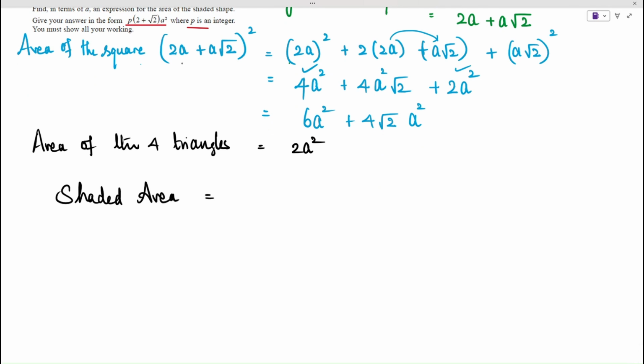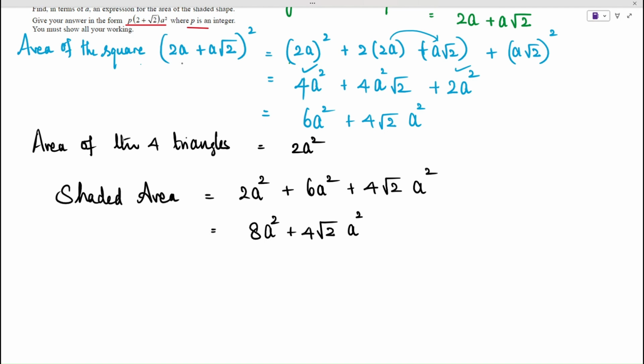So we're going to add our 2a squared with 6a squared and 4 root 2 a squared. Now we can bring together our terms once again. So we're left with 8a squared plus 4 root 2 a squared. So now this is the area of the shaded region.